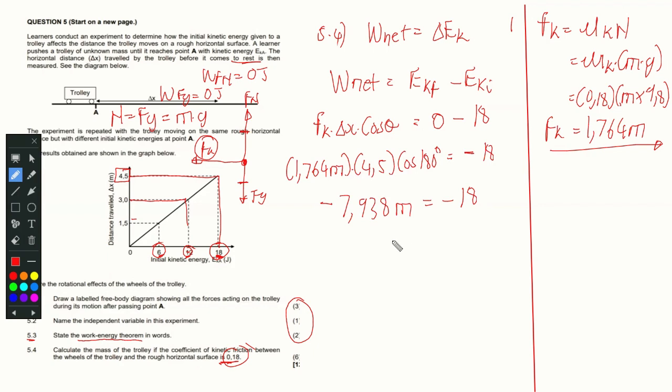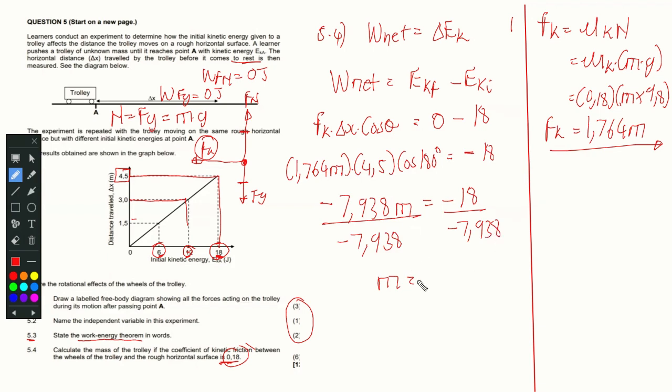So now to calculate, you will have to divide both sides by negative 7.938. Then my mass is negative 18 divided by negative 7.938.